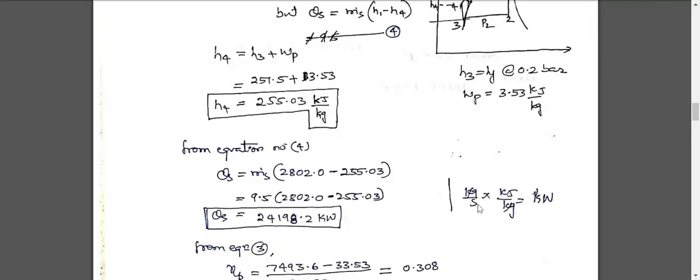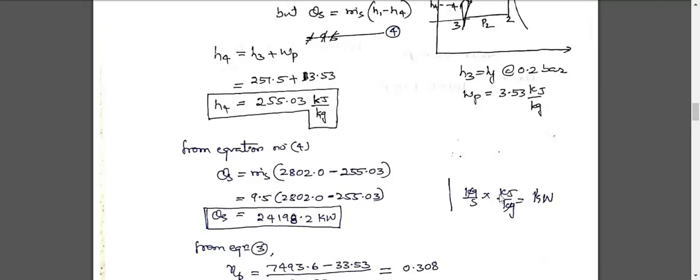Dear students, simplify the equation and substitute the units. What is the unit of m dot s? That is kg per second. Multiply. What is the difference between these two? These two are an enthalpy difference, H1 minus H4. This is kilojoule per kg minus kilojoule per kg, which is again kilojoule per kg.